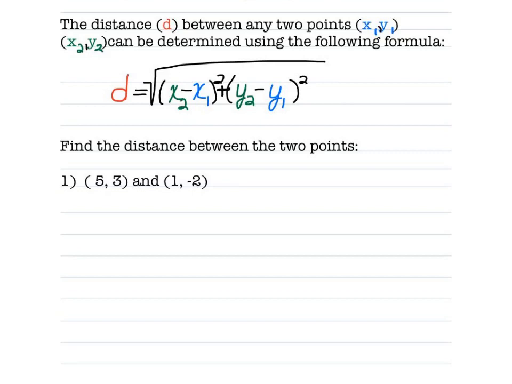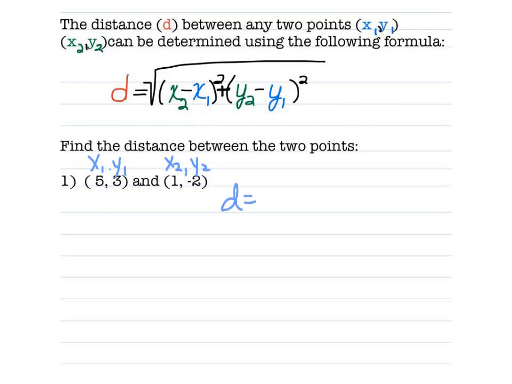The first thing that I will do is label the coordinates. (5, 3) will be point number 1, so I will label it x1 and y1. And then (1, -2) will be point number 2, so I'll label this one x2, y2. Okay? Alright, so first step is write the formula.